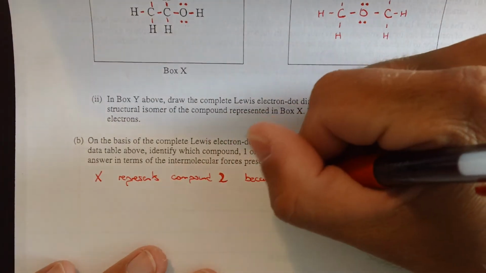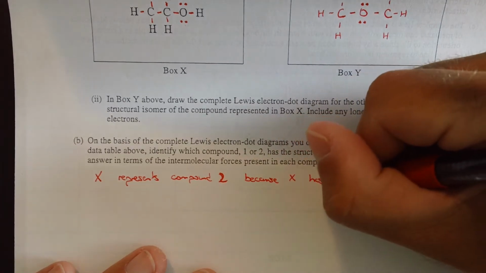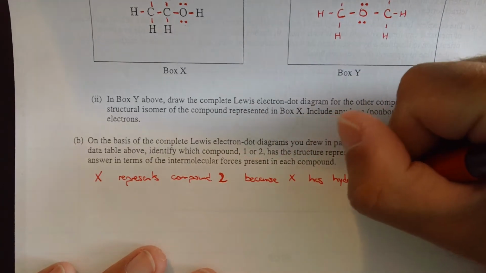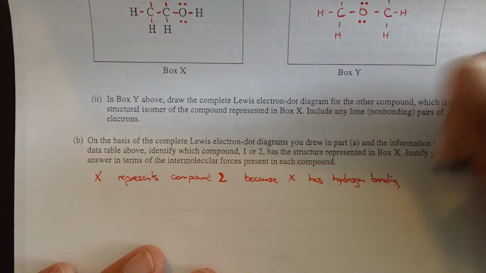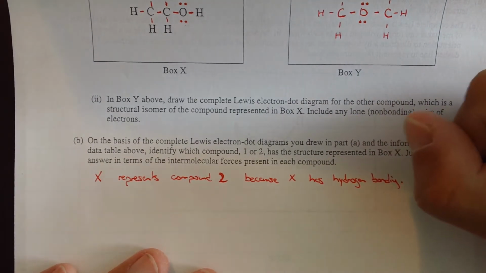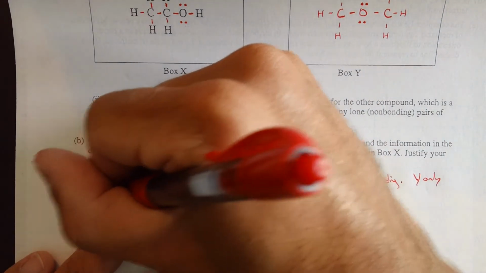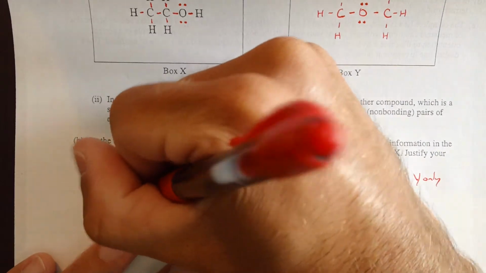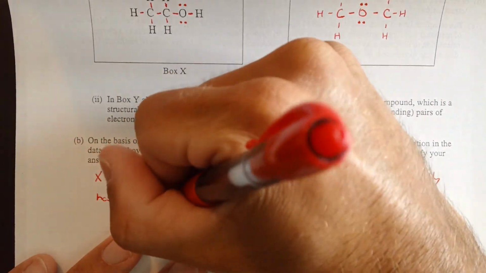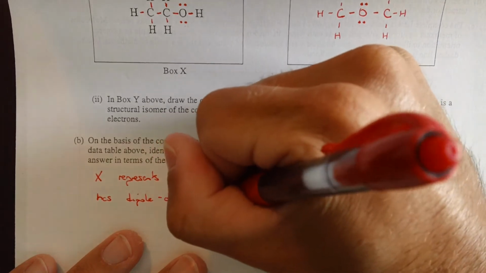Because X has hydrogen bonding. Y only has dipole attractions.